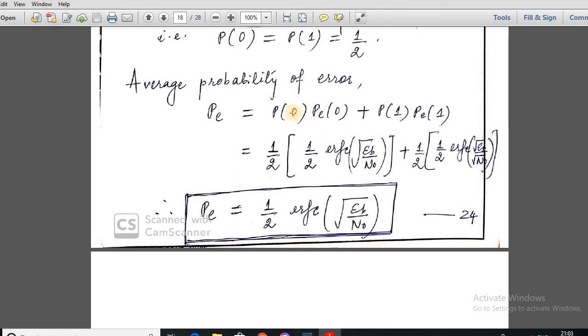Just substitute: this is 1 by 2, this is 1 by 2, and PE of 0 is equal to PE of 1, that is 1 by 2 erfc of root over Eb by N0 that we derived. So the final expression of the average probability of symbol error in the phase shift keying technique is 1 by 2 erfc of root over of Eb by N0.